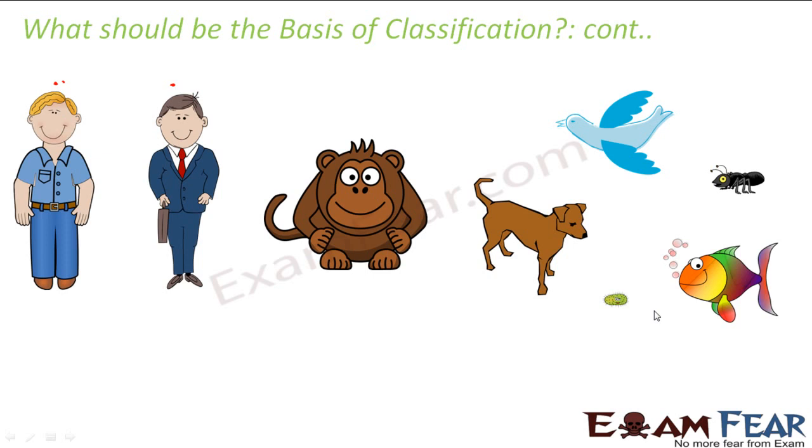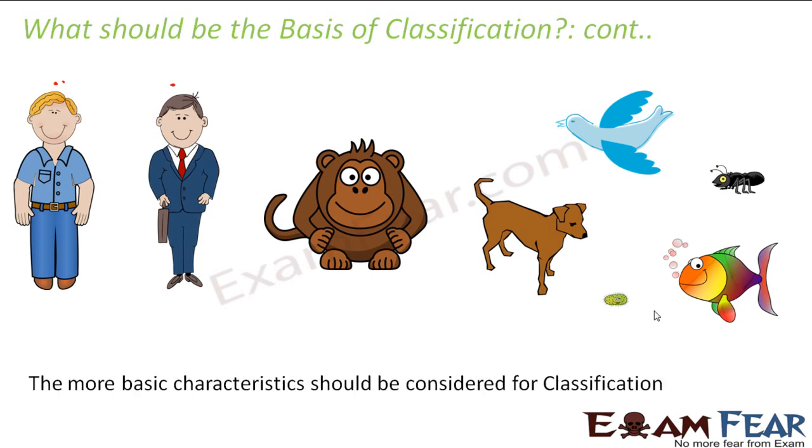Obviously you and your friend, right? Because you both share more common characteristics. Clear? So you see, during the process of classification, you also get an idea of which organisms you are more similar to. The more similarities you share with a particular organism, the more closely you are related to that organism.